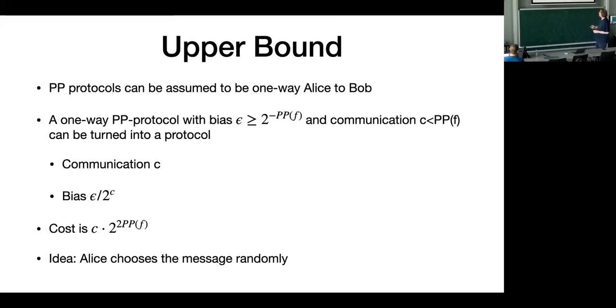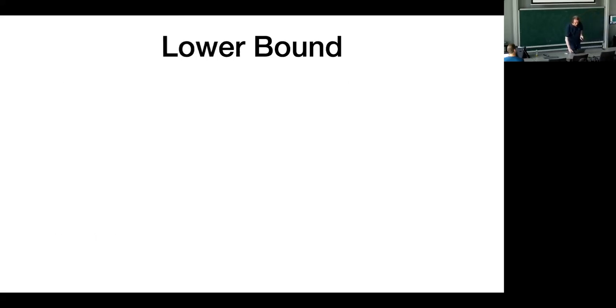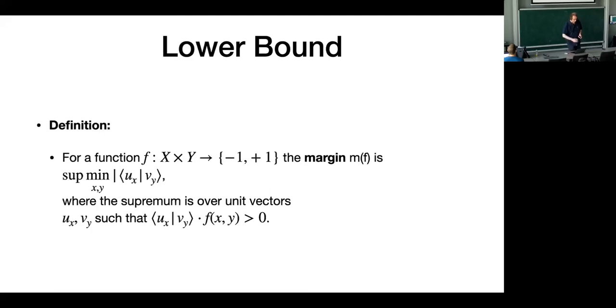It's the same as in this theorem 1. And then you can do this with one clean qubit. So it's kind of a trivial construction, but that's basically all you can do. Now, what is the margin of a function on x times y to, let's say now, -1 and +1?